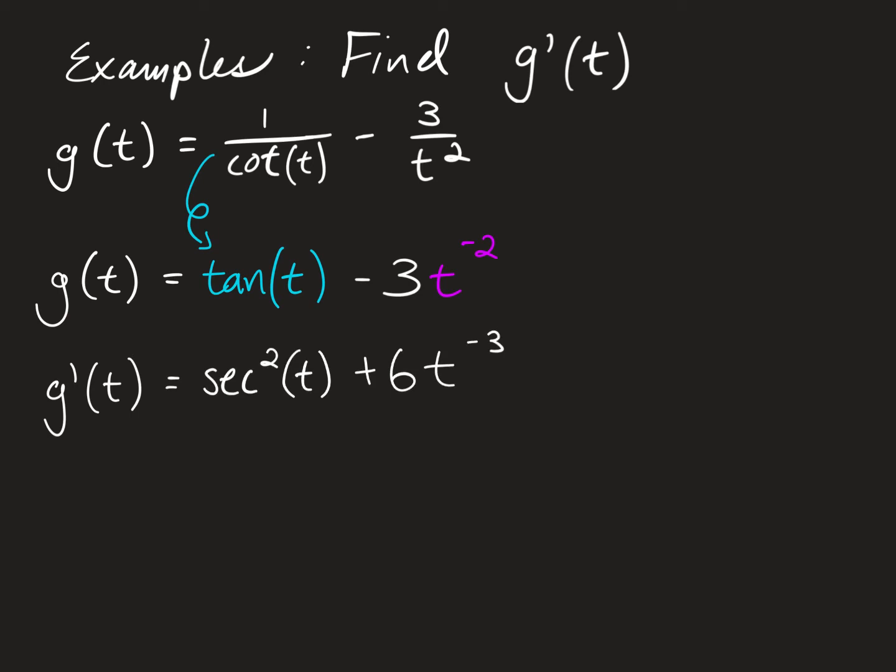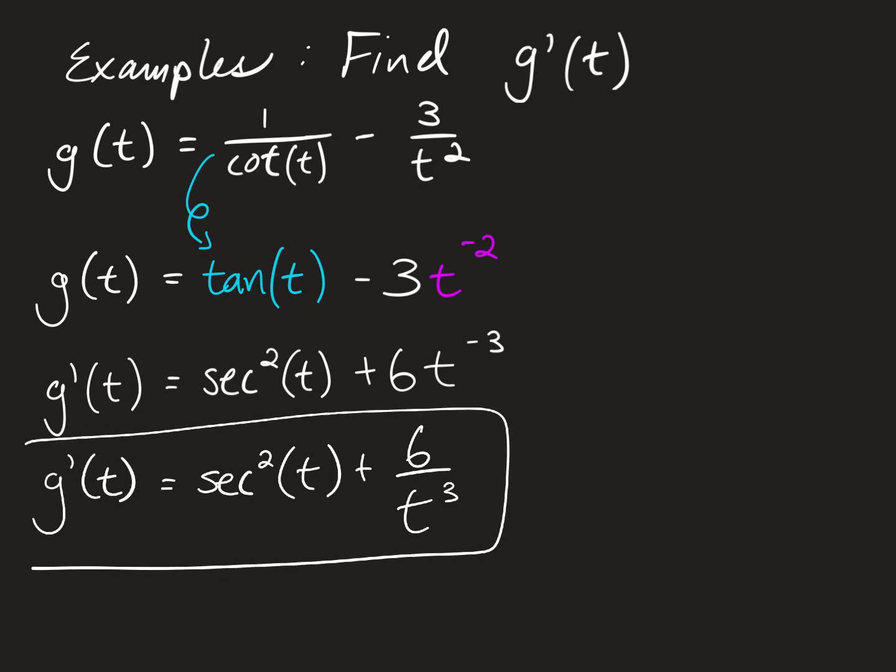And then we just have to take care of this negative exponent here by bumping the t to the -3rd power back into the denominator and getting finally secant squared of t plus 6 over t cubed. And there's our derivative.